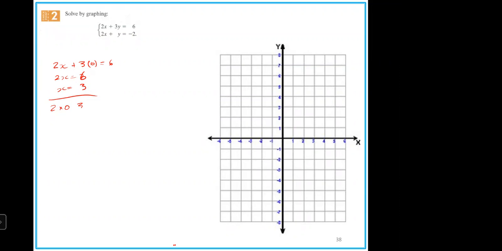So 2 times 0 plus 3y equals 6. So that's 0 plus 3y is equal to 6. So y would be equal to what? Y will be equal to 2.